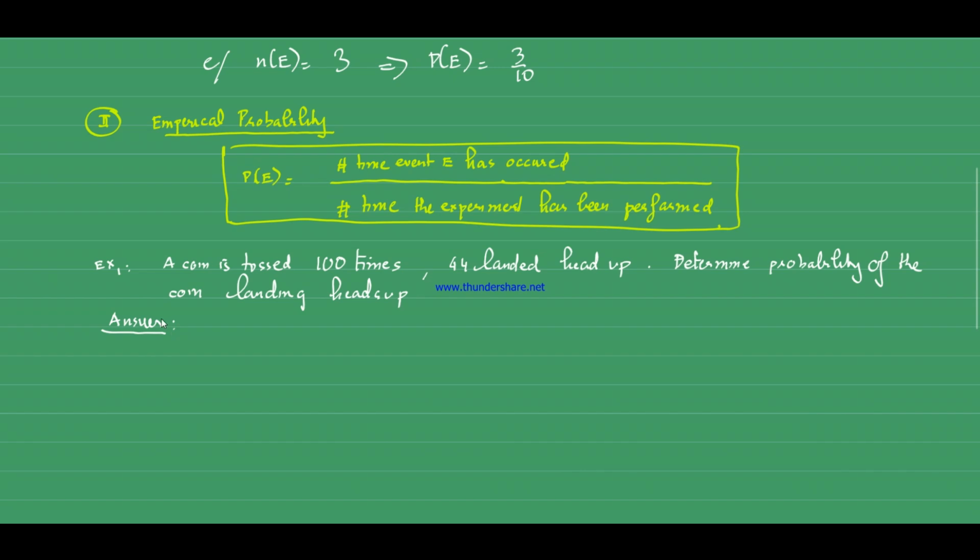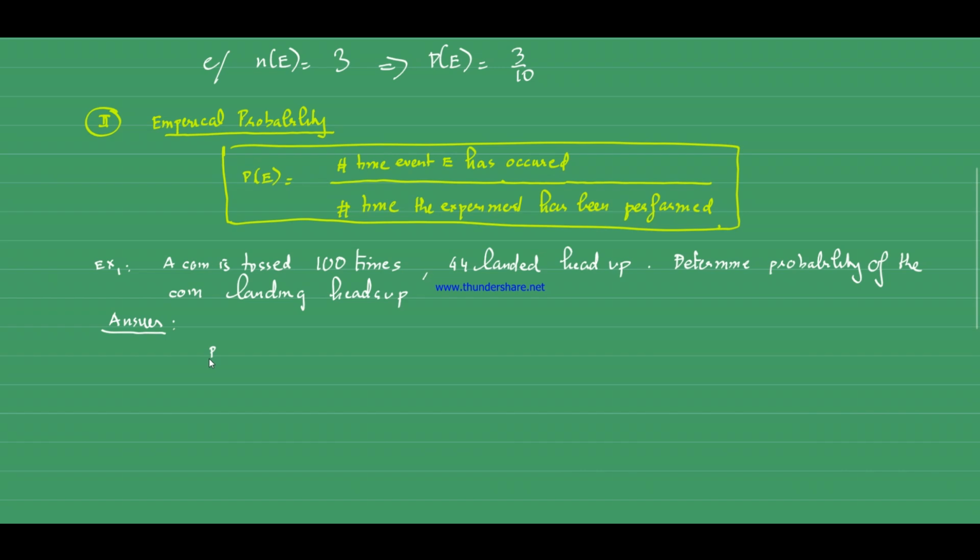In this case, the question tells you that this is empirical probability because you see the number of times the experiment was performed. If it were theoretical probability, they would just say a coin is tossed, and how many times you get a head up. But now we have tossing 100 times.